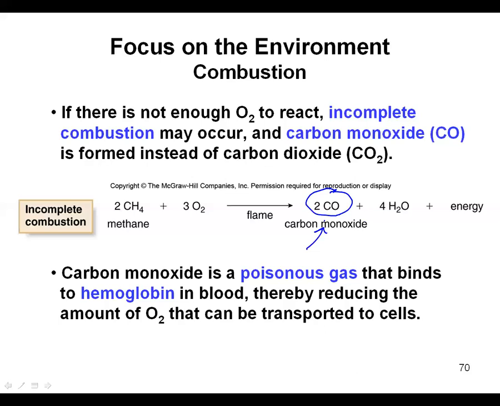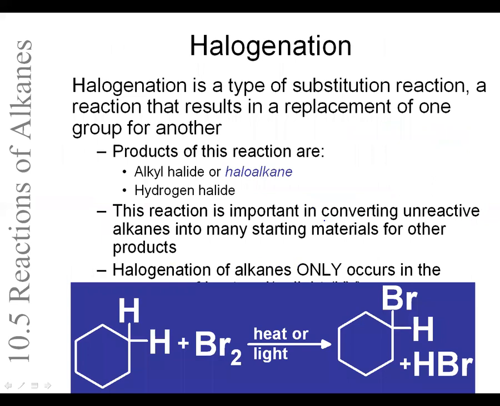Another important type of reaction that alkanes undergo is known as a substitution reaction. So, in organic chemistry, there are three types of reactions. There's a substitution reaction, there's an elimination reaction, and usually there's an addition reaction. And a substitution reaction is what alkanes basically will undergo.